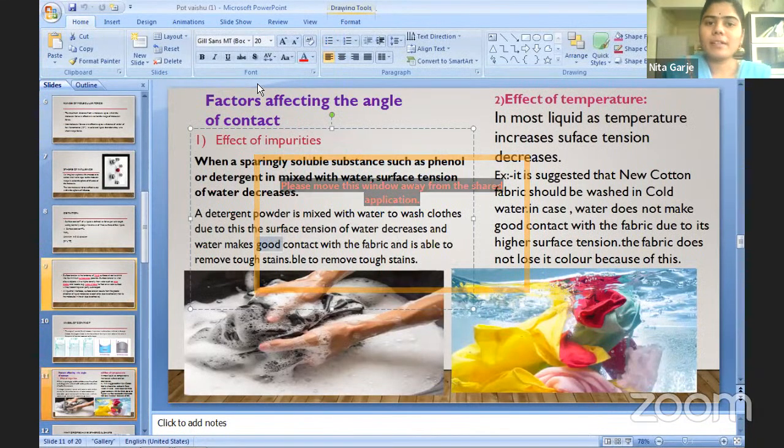Next one is the factors affecting the angle of contact. The factors are mostly impurities and temperature. Both have an effect on the angle of contact.